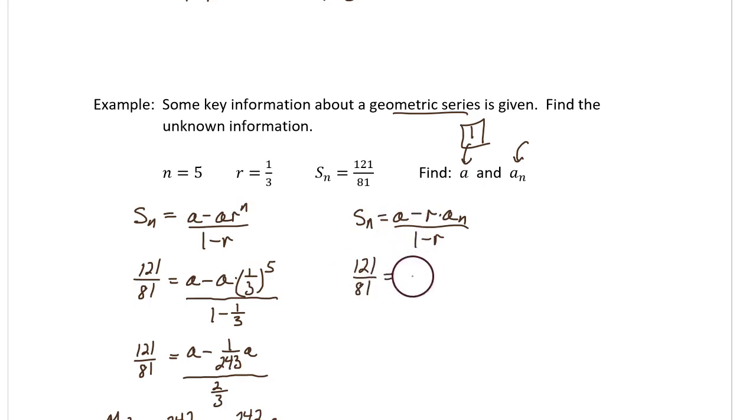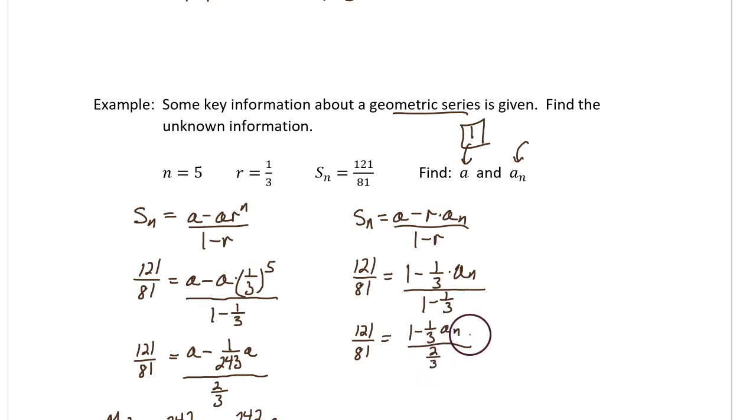Now that we know the letter a, we can fill it in. 1. r is 1/3, and a sub n we don't know. And the denominator is 1 minus 1/3. Let's do some simplifying work on this. We have 121 over 81 equals 1 minus 1/3 times a sub n all over 2/3.